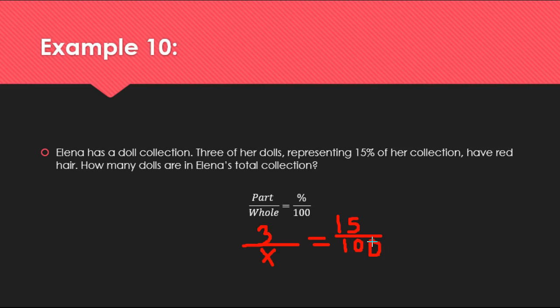Now, with this problem, I can solve it 2 ways. I could do it like we were doing in class today, where I was doing a cross multiplication. So I'd have 3 times 100 to get 300, and then 15 times x to get my 15x. And then solve for my variable, so I would divide both sides by 15 because division is the opposite of multiplication.